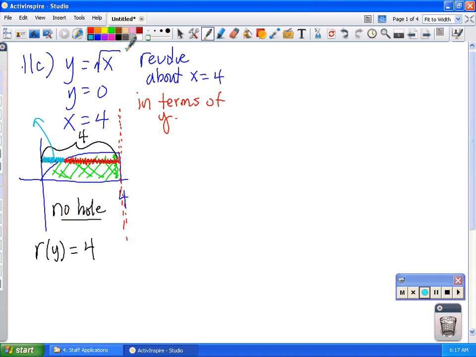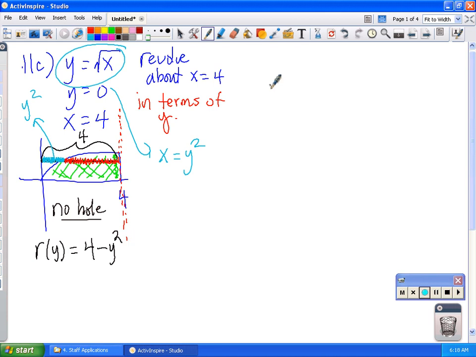So I'm going to take this function right here, y equal to the square root of x, and turn it into x equal to y squared, because I need the function in terms of y. So that little blue region that I've highlighted, that distance is y squared. So the length of my radius is 4 minus y squared.